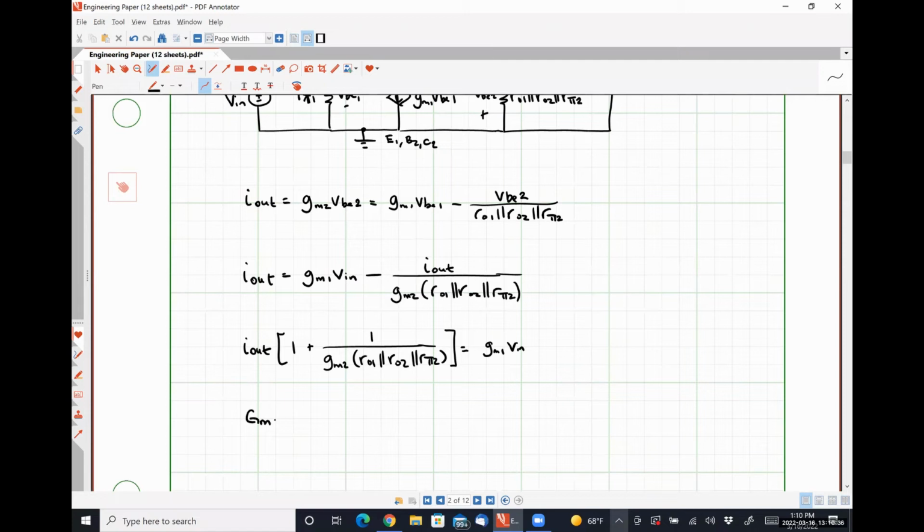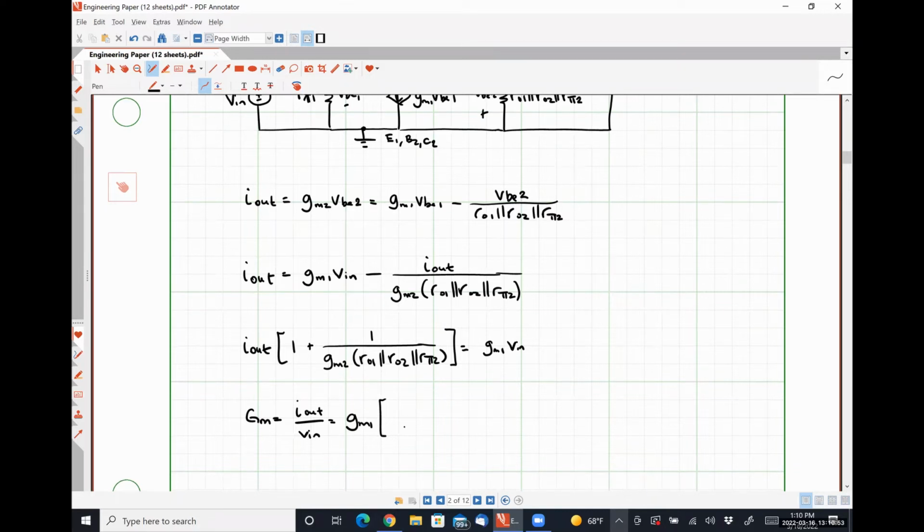And then from this, capital GM, which is simply I out over VN, is GM1 multiplied by GM2 times R01 in parallel with R02 in parallel with R pi 2, all divided by 1 plus GM2 multiplied by R01 in parallel with R02 in parallel with R pi 2.